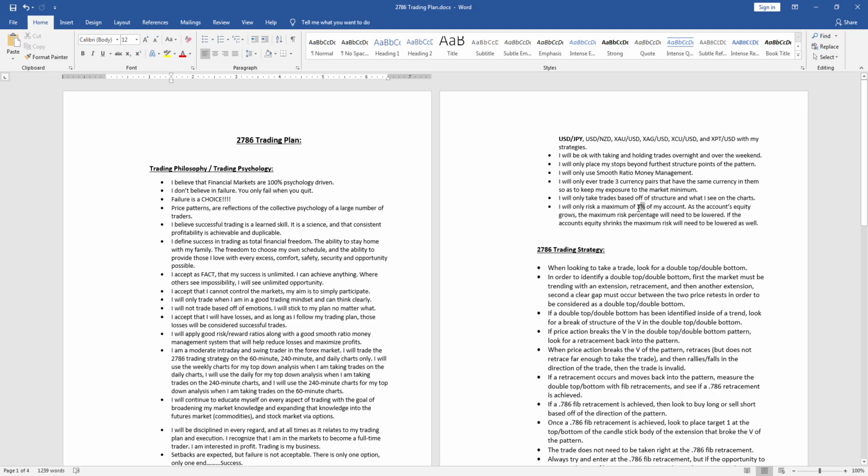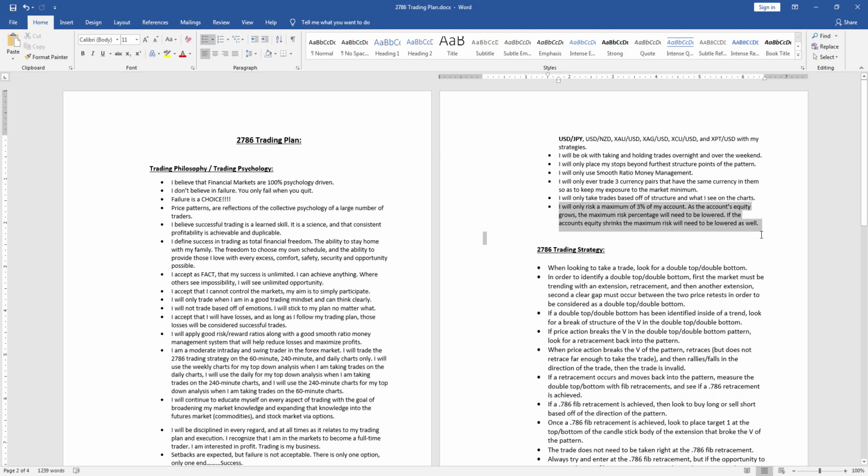I will only risk a maximum of 3% of my account, or what have you. Usually you will have to define a minimum and a maximum with regards to the size of the trade and things like that. And that'll help you maintain trading in your time frame.